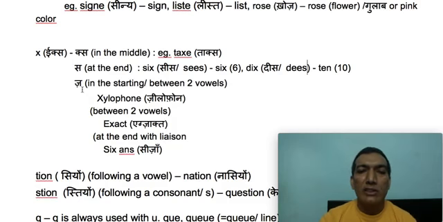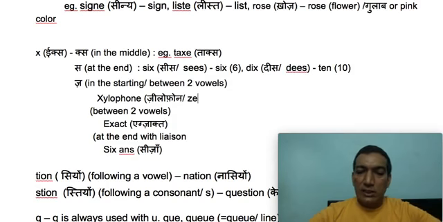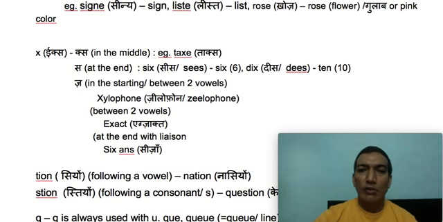In the starting and sometimes also between two vowels. In the starting, like here, x, y, it is pronounced as z, xylophone.